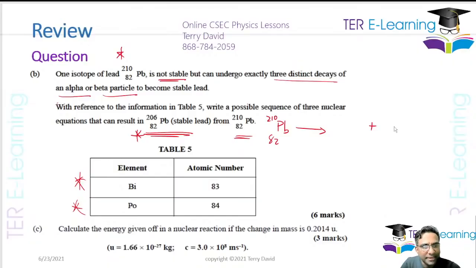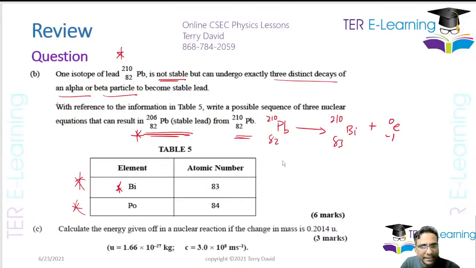Let me see something here. If I put a beta particle here, which could be represented by 0, -1, then I can put a particle here that has 83 and a mass number of 210, right? So if we look at the table, this could be bismuth, right? So this is one possible reaction. So I get bismuth here.